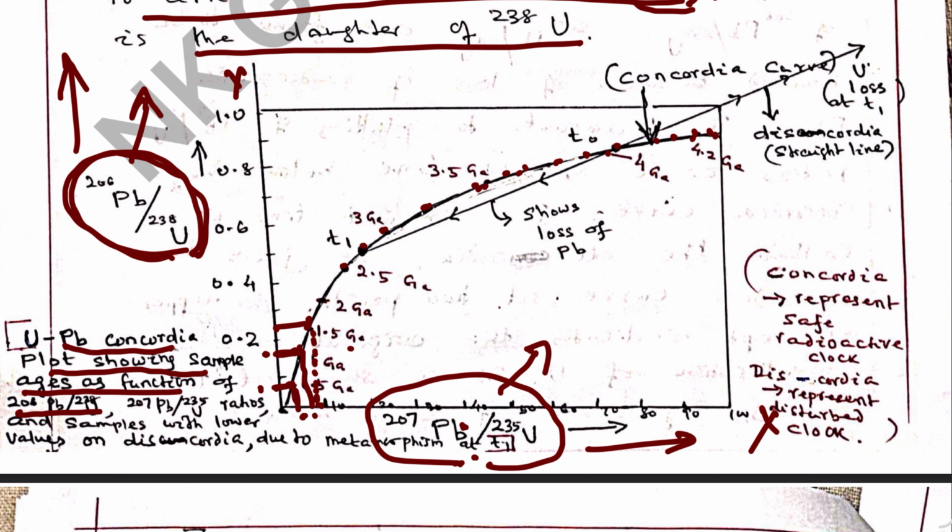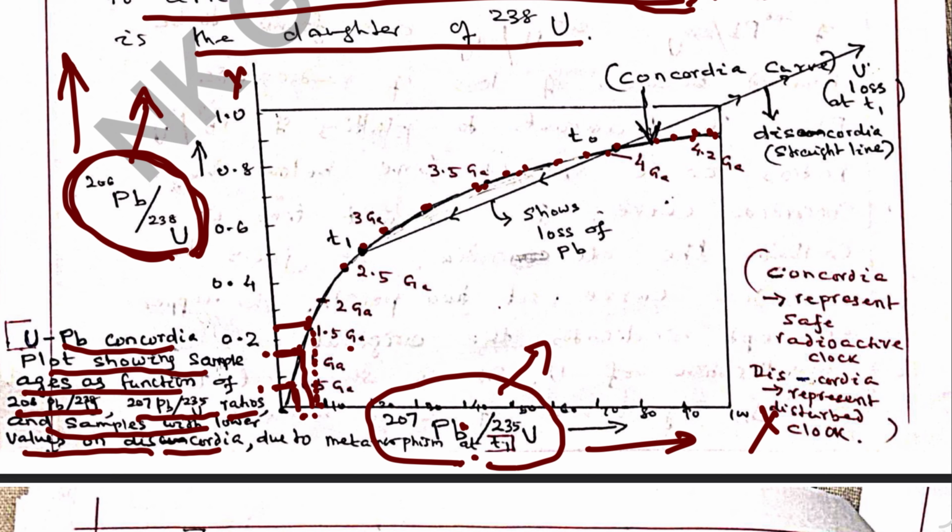So the uranium-Pb Concordia plots show sample ages as a function of Pb206 by uranium-238 and Pb207 by uranium-235 ratios, and the samples with lower values lie on the Discordia. We have a straight line, that is Discordia.